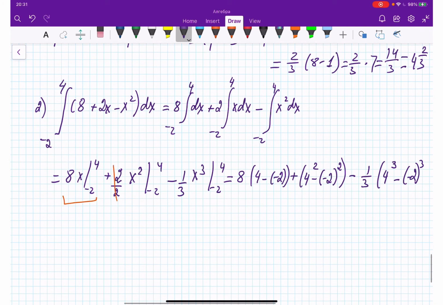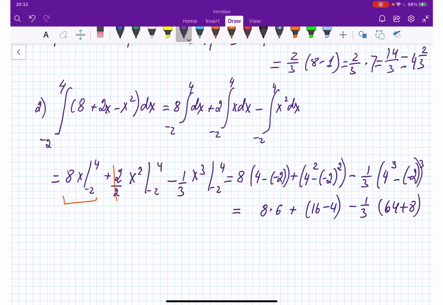So this is equal to 8 times 6 plus 16. Let me write it down the way so it can be seen better. So here we got 8 times 6 and then plus, underneath, 4 squared minus negative 2 squared. It's going to be 16 minus 4, and then minus 1/3, and here I will have 64 plus 8.